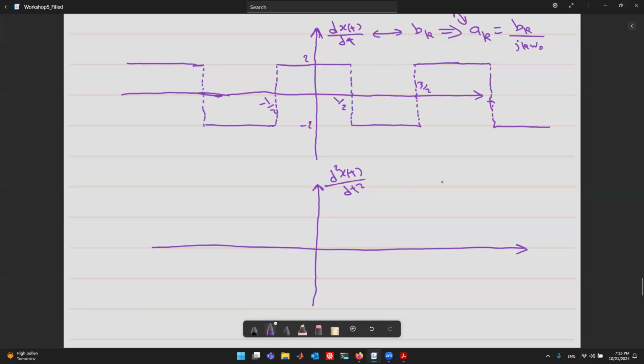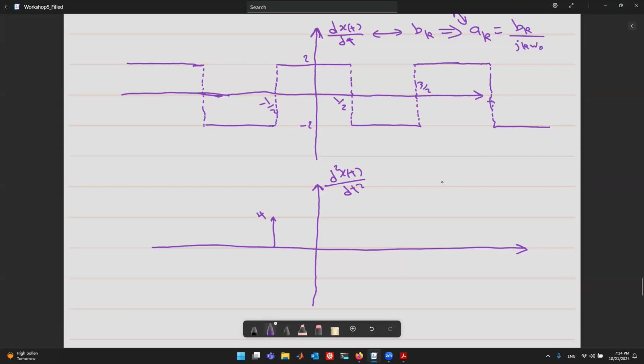Here we are jumping from minus 2 to 2 instantly, so we'll have an impulse here scaled by 4. The rate of change is positive, since we are moving from minus 2 to 2, so we are increasing.